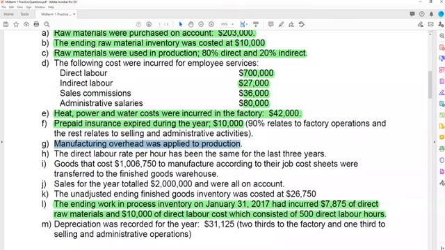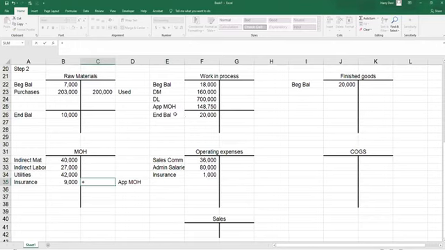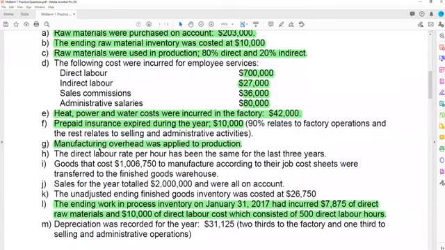Manufacturing overhead was applied to production. We've already done that. Now just keep in mind that if we have debited work in process for the applied manufacturing overhead, we need to remember that the manufacturing overhead account itself should be credited for that amount. Direct labor rate has been the same. We've already seen that.